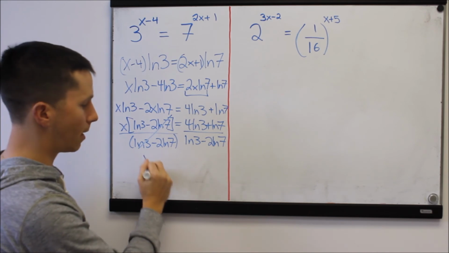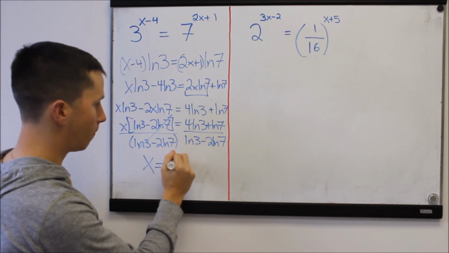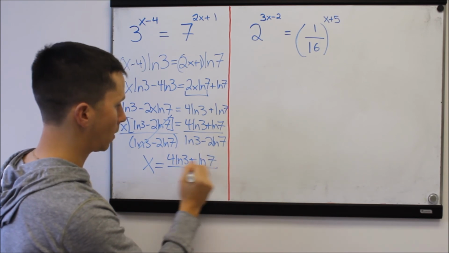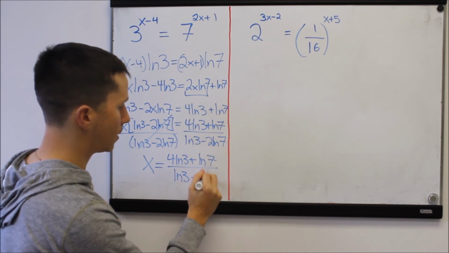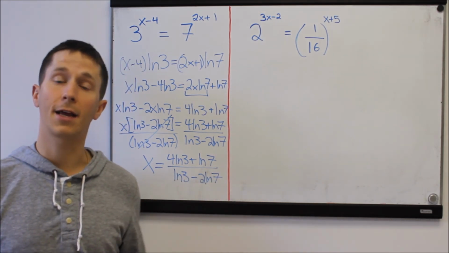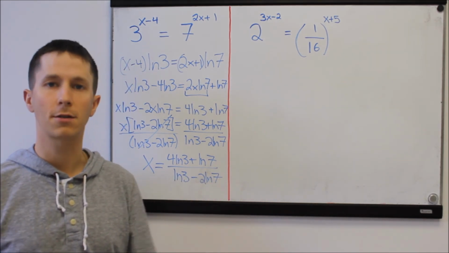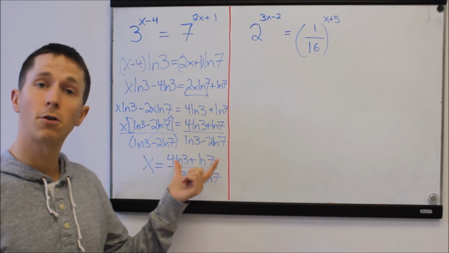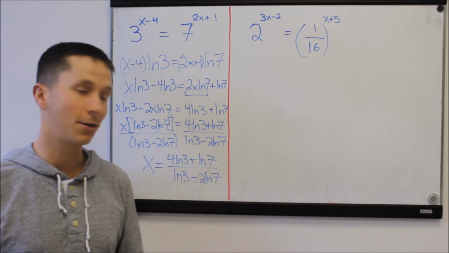So this will cancel and I'm left with x equals 4 ln 3 plus ln 7 over ln 3 minus 2 ln 7. You can punch that right in your calculator and get the final answer to 3 decimal places or whatever they might ask for. Just make sure you put brackets around your numerator and your denominator when you enter it in your calculator.